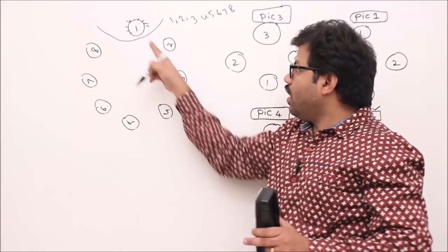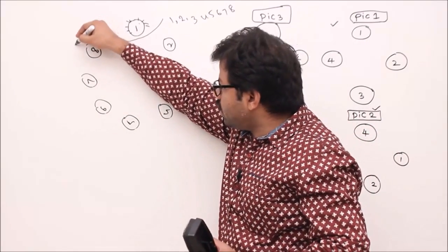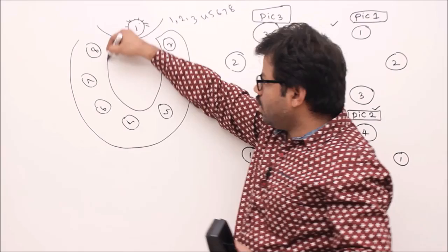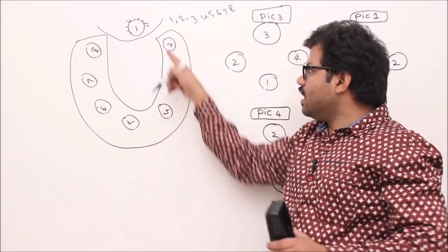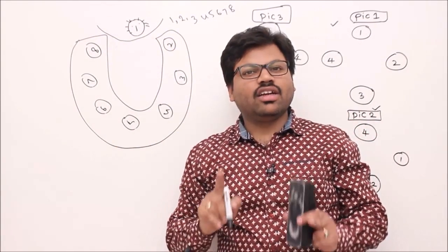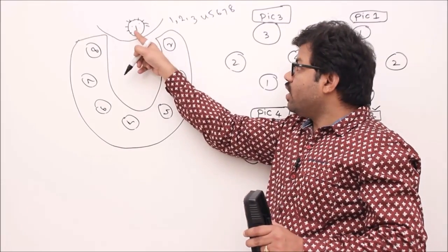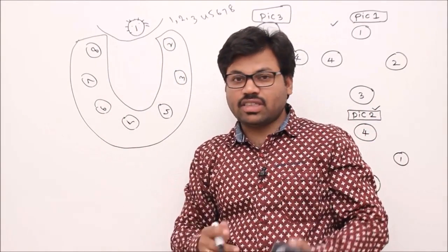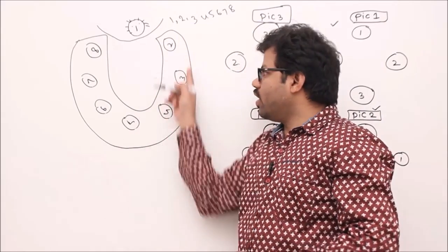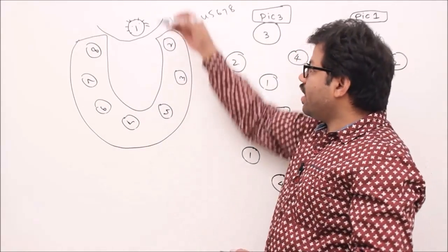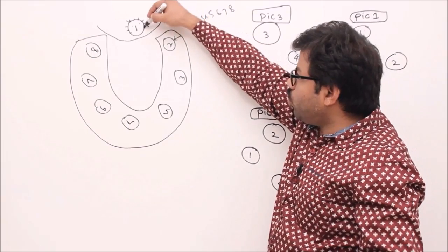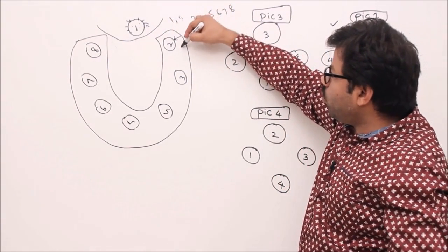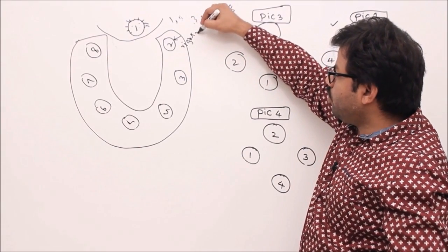Now, if there is 1 here, then what about these objects? These are all the remaining 7 objects, isn't it? With respect to 1, these people are arranged, right? Now you see, with respect to 1, the arrangements of these 7 objects are not circular. They are actually linear. Why? With respect to 1, 2 is on the right side of 1, rightmost.